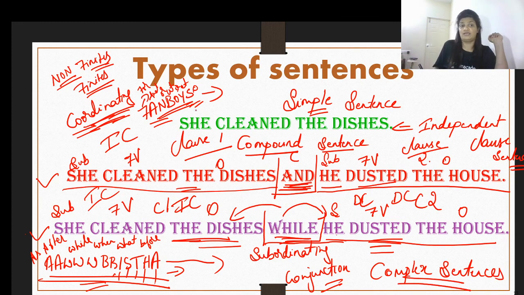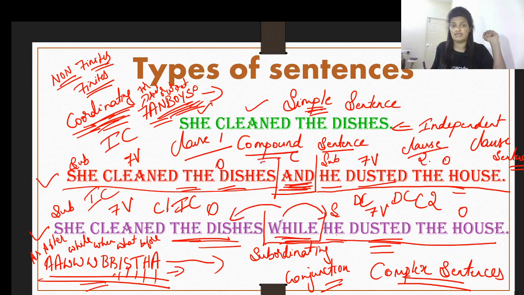When you have only one subject and one verb and no addition, you call them simple sentences. When you have two independent clauses combined by FANBOYS or coordinating conjunctions, you call them compound sentences. And when you have one independent clause and another dependent clause combined by subordinating conjunctions, you call them complex sentences. So these are our three different types of sentences.